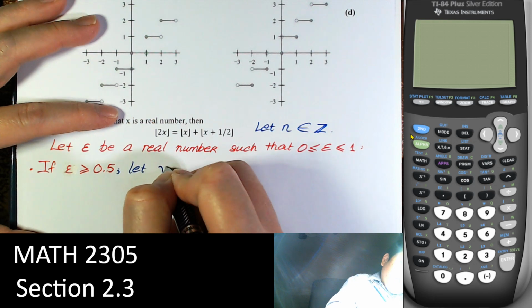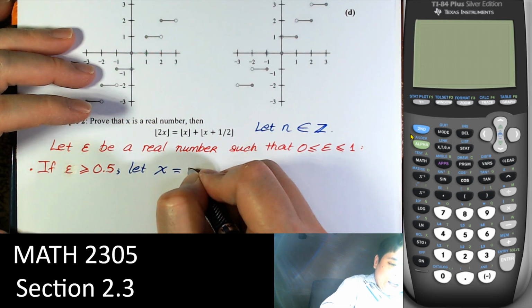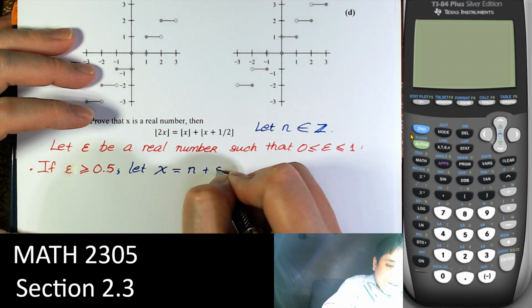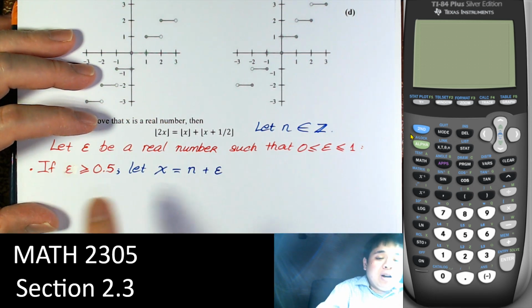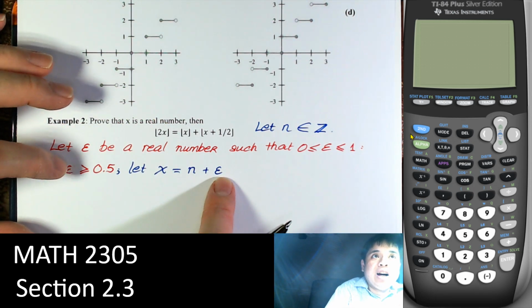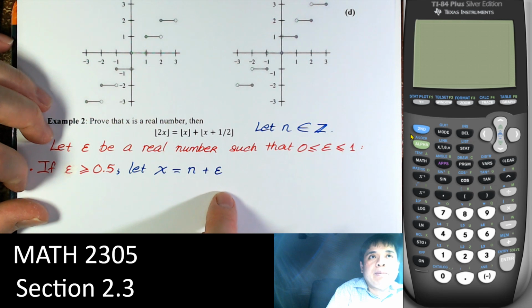Let x equal n plus epsilon, and epsilon is less than 0.5, or greater than or equal to 0.5.